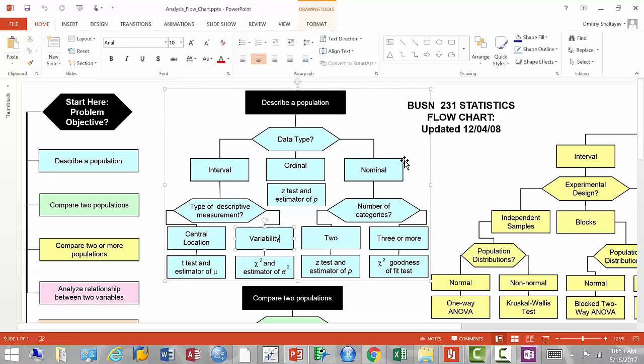If you are dealing with nominal data, then there are 2 possibilities. Number of categories, right? If you have 2 categories, then you're dealing with a binomial experiment. Remember we discussed the binomial distribution, and what you can do with it is estimate the proportion using the confidence interval again, okay, or test for the proportion.